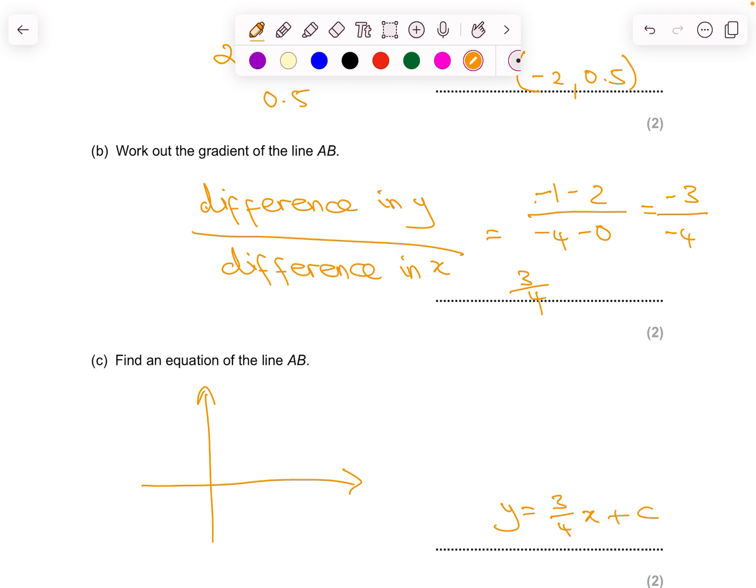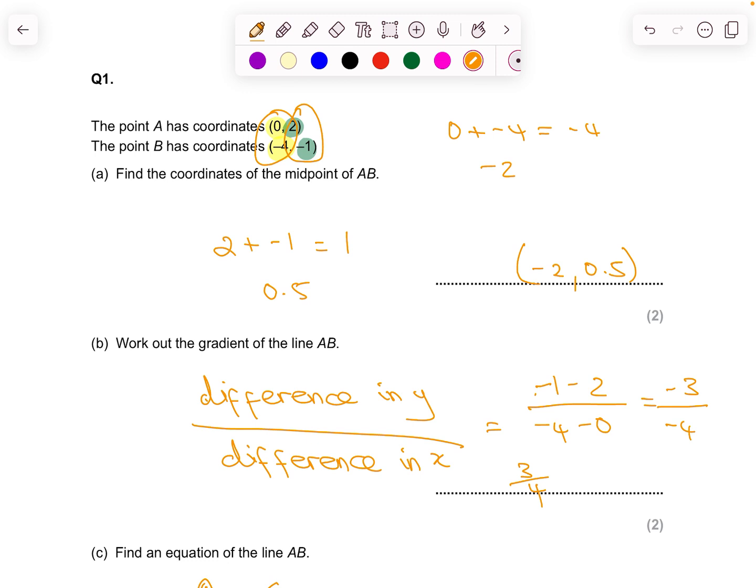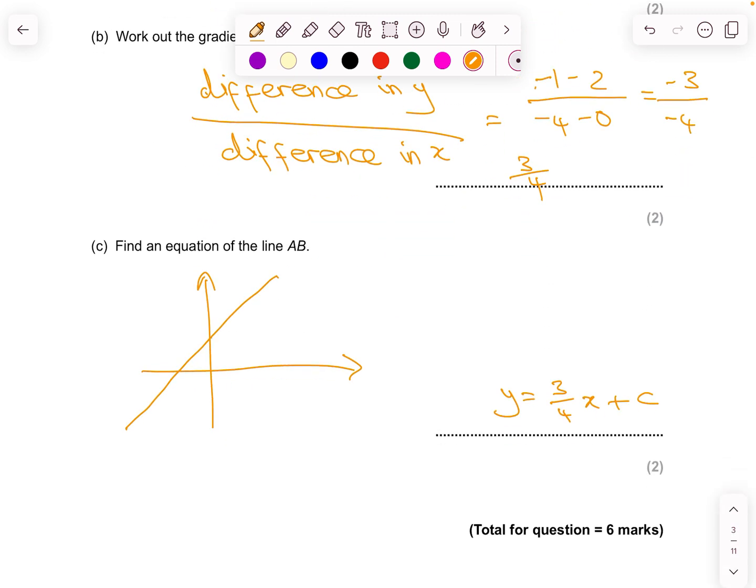And we're trying to find c, which is where the line crosses the y-axis. Actually, they've pretty much given it to you because if you look at the coordinates of A, it's 0, 2. So it crosses at 2. So our equation is y equals 3/4 x plus 2.